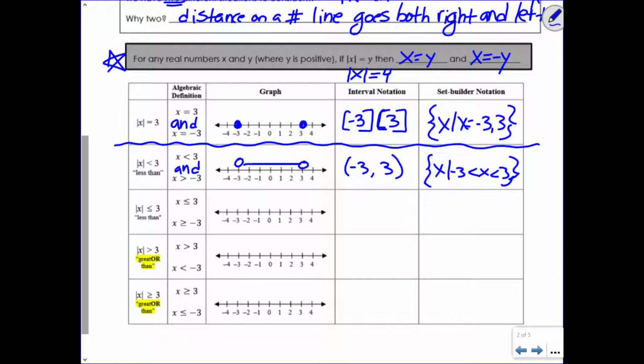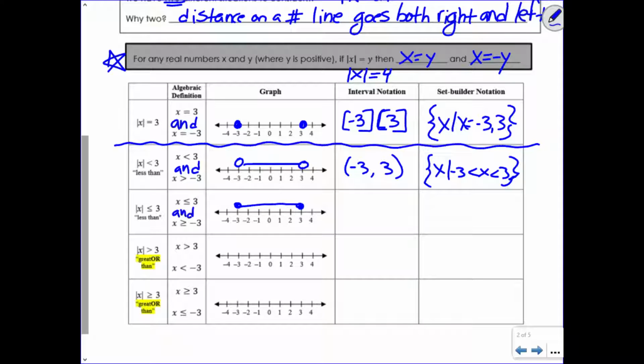All right, this next one, what's the only difference? It's "less than or equal to." So almost everything is going to be the same except for what about the graph? Closed circles, but the general idea is the same. Negative 3 and 3 closed circles. Okay, what would change about my interval notation?